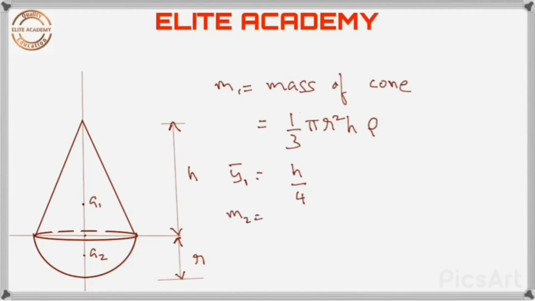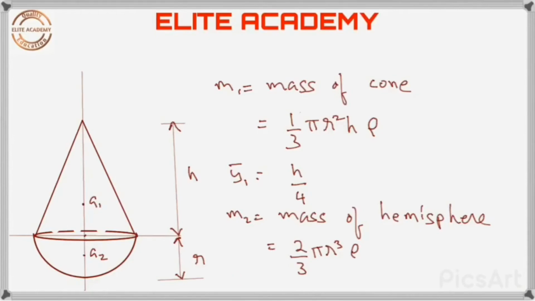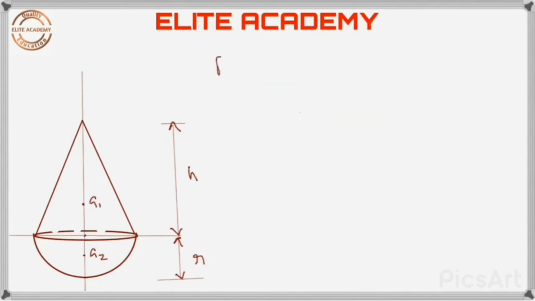Now for hemisphere, m2 is equal to mass of hemisphere, which is equal to volume into density. Volume is 2 by 3 pi r cube and density is rho. Center of gravity y2 bar is equal to minus 3r by 8. Why are we taking minus 3r by 8? Because it is below the x axis.